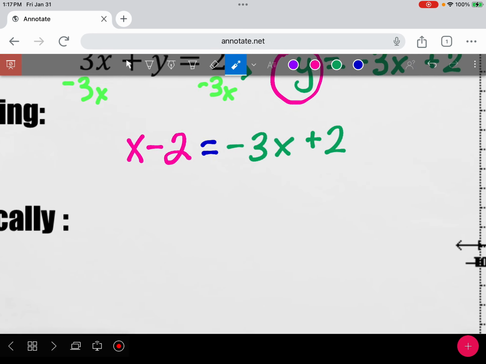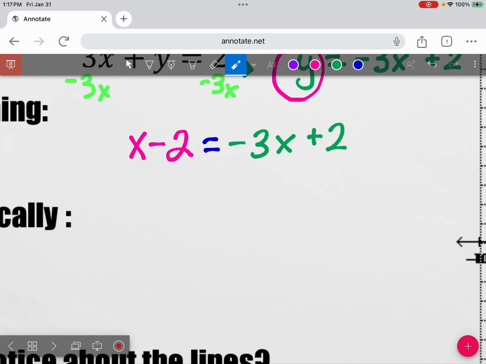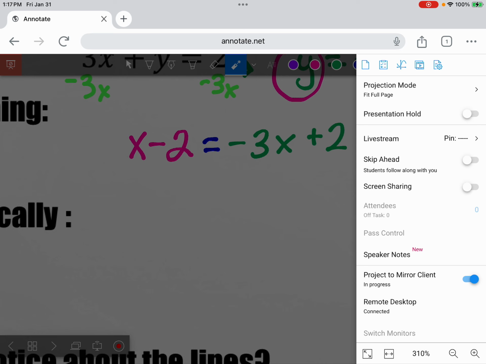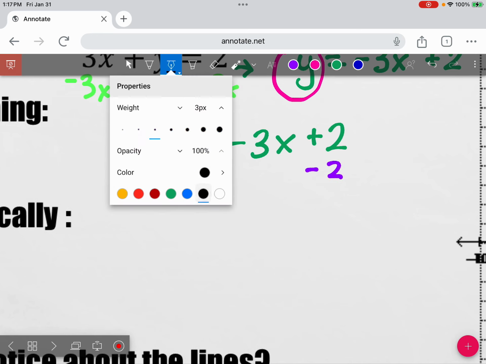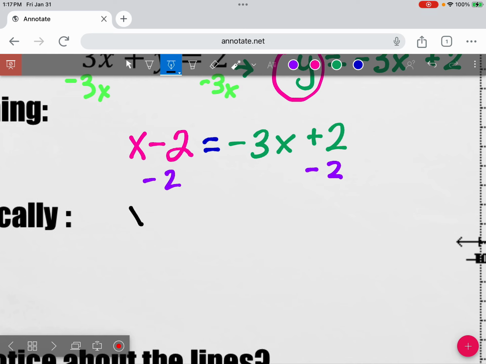So then we need to solve this. What can we do to solve this? You can subtract 2. Let's do it. It's minus 2 from both sides. So that's going to give me x minus 4 equals minus 3x.